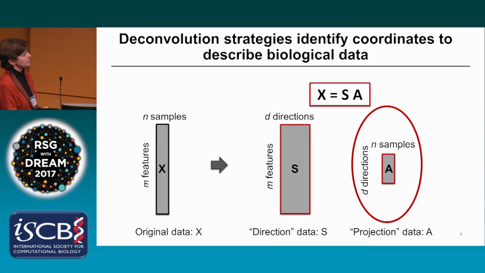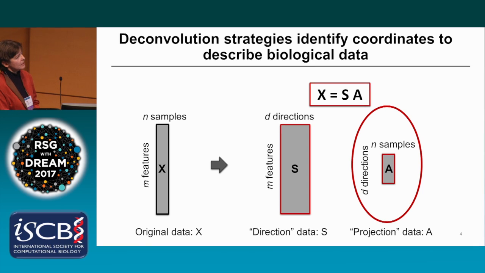basic scheme of such decomposition strategies is to start with the data, which is described by features and samples, and in an unsupervised way identify reliable directions in the data, which are described by the features, and then project the original data onto these directions.